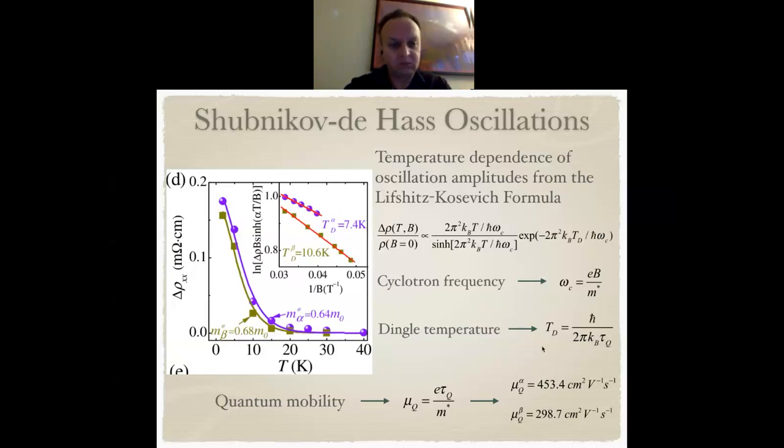From the Dingle temperature, you can get the quantum relaxation time. And from that, you can calculate the quantum mobility, which characterizes these bands as ultra-high mobility. So these numbers are generally large for a semimetal.